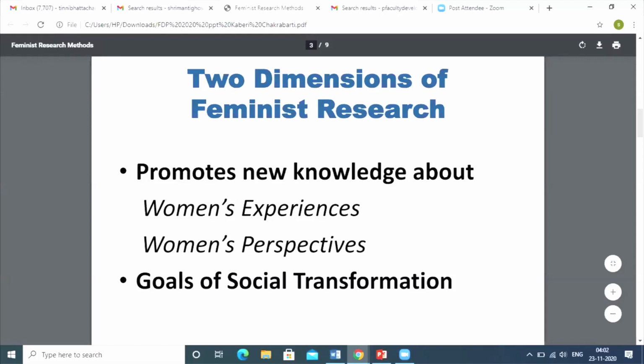Then, what makes feminist research unique, or how in feminist researches do we understand method as important? It is actually the perspective that makes feminist research unique. Perspective means here looking at an issue from a feminist perspective.